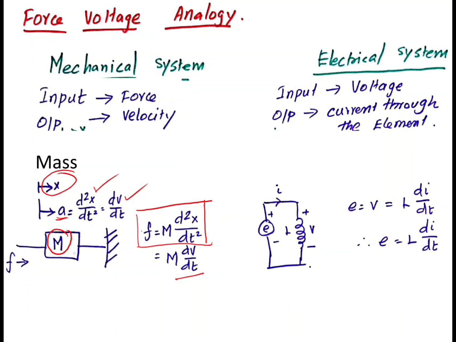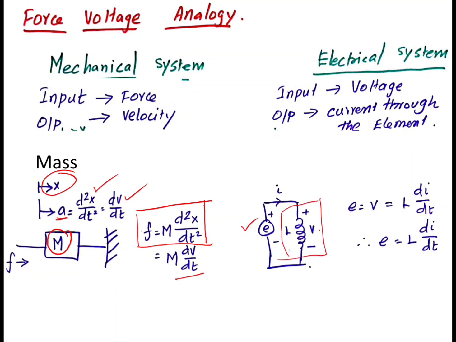Now this mass element is equivalent to an inductor. An inductor is connected with the voltage source, E is the supplied voltage, and V is the voltage across the inductor.